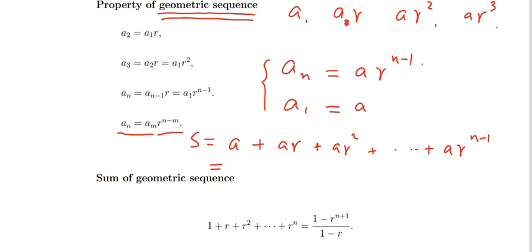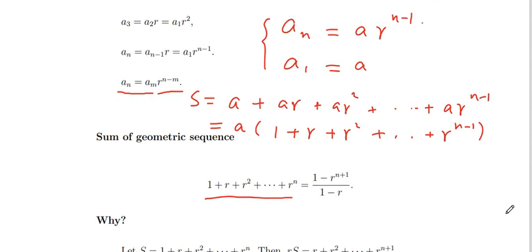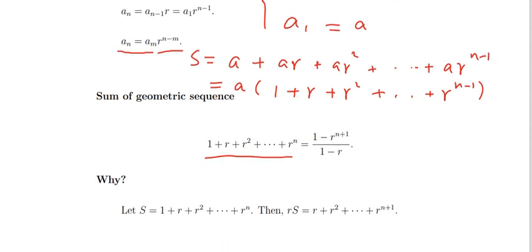For this problem, we just take A outside: 1 plus R plus R^2 plus R^3 plus up to R^(n-1). For this summation, we have a formula.